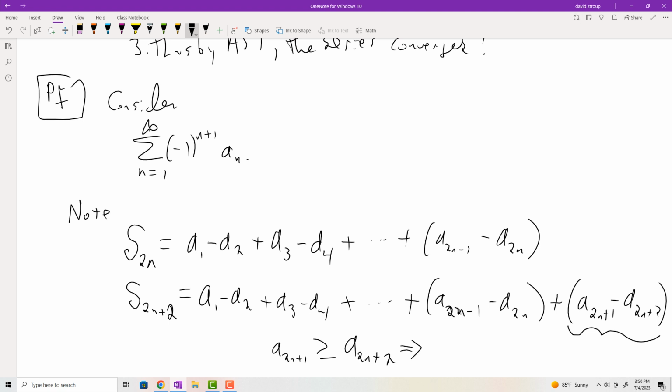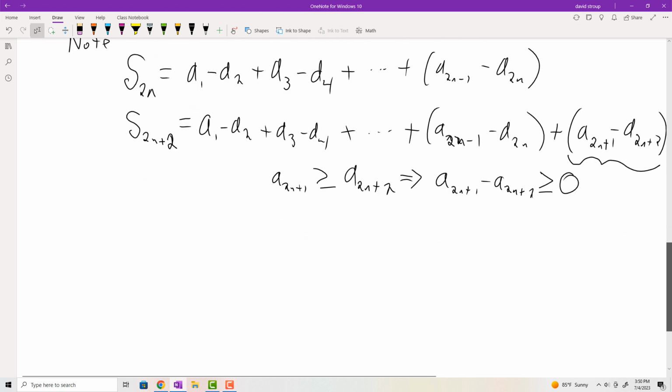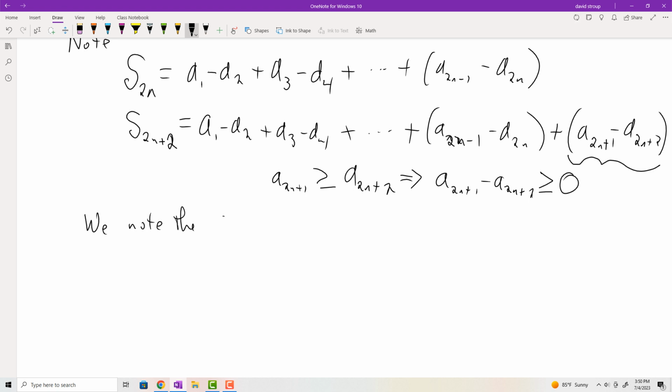So that implies a sub 2n plus 1 minus a sub 2n plus 2 is greater than or equal to 0. In other words, the sequence of partial sums is increasing, or non-decreasing, if you'd rather. So we notice the sequence of partial sums is increasing. Of course, we like to say non-decreasing.